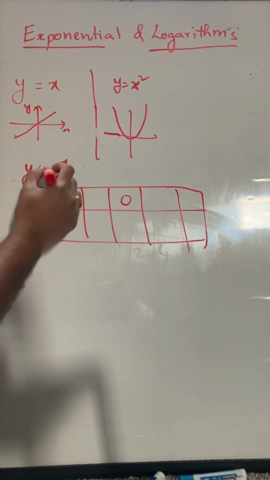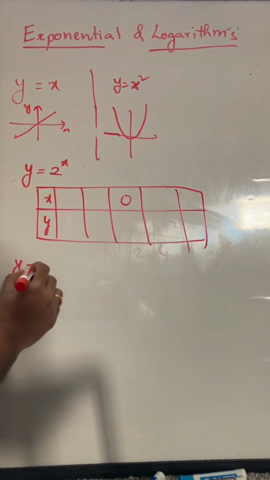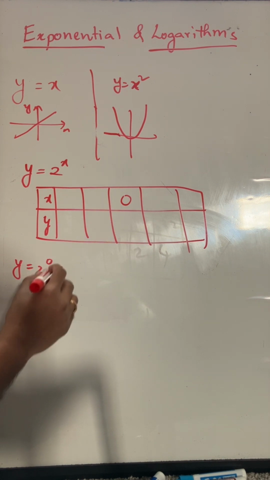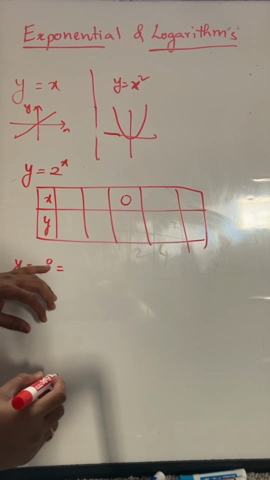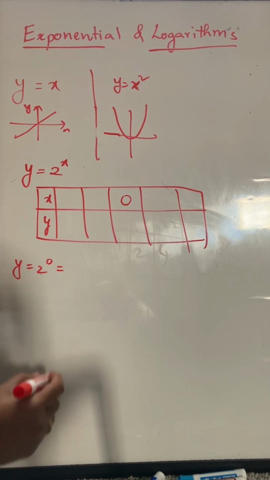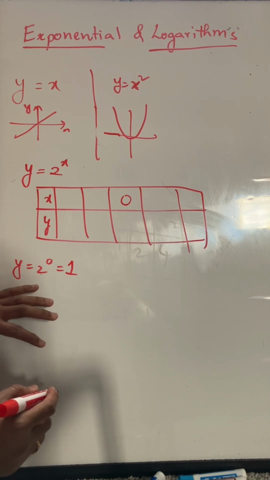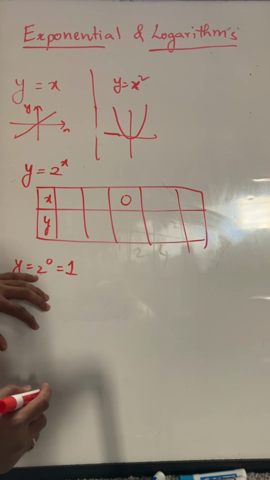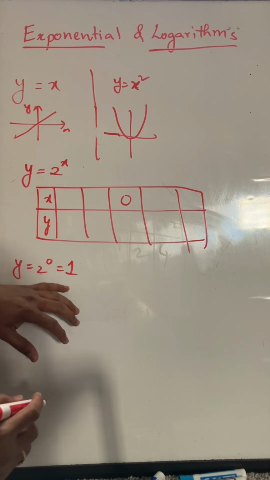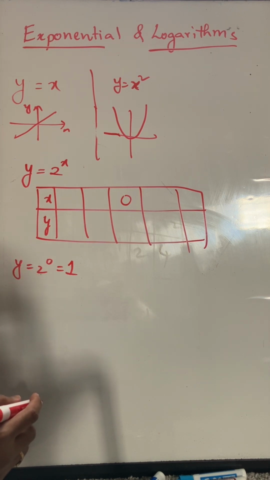When x is 0, y equal to 2 power 0, we know. When it is to the power 0, we always count it as 1. Why? That's a very good question, but it is beyond your scope. Let's leave it like that: anything to the power 0 is equivalent to 1.